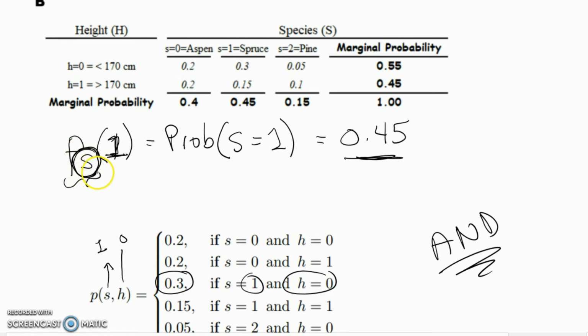We're thinking about one of these three species, and we're specifying that the actual value of S when we do the experiment is equal to 1. So when we do the experiment, the probability that this random variable capital S will actually take on this specific value of S equal to 1 is equal to 0.45.